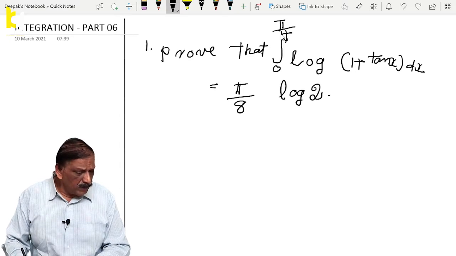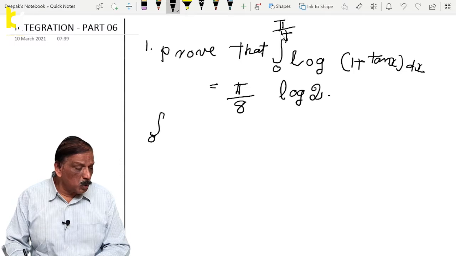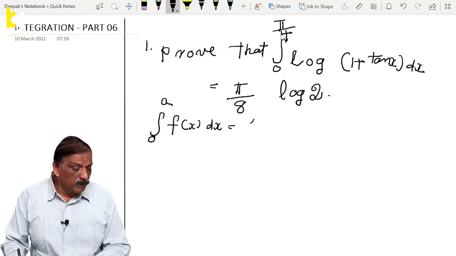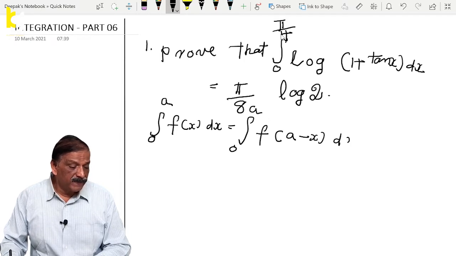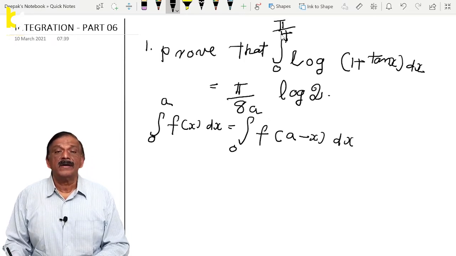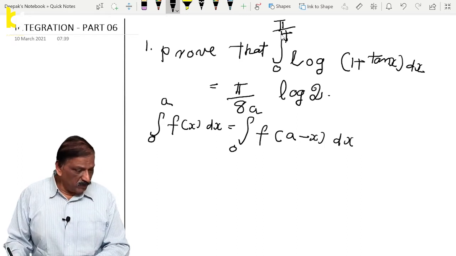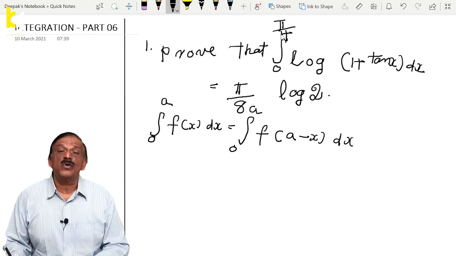We know there is a formula: integral 0 to a f of x dx is equal to integral 0 to a f of a minus x dx. So we can apply this in this question.